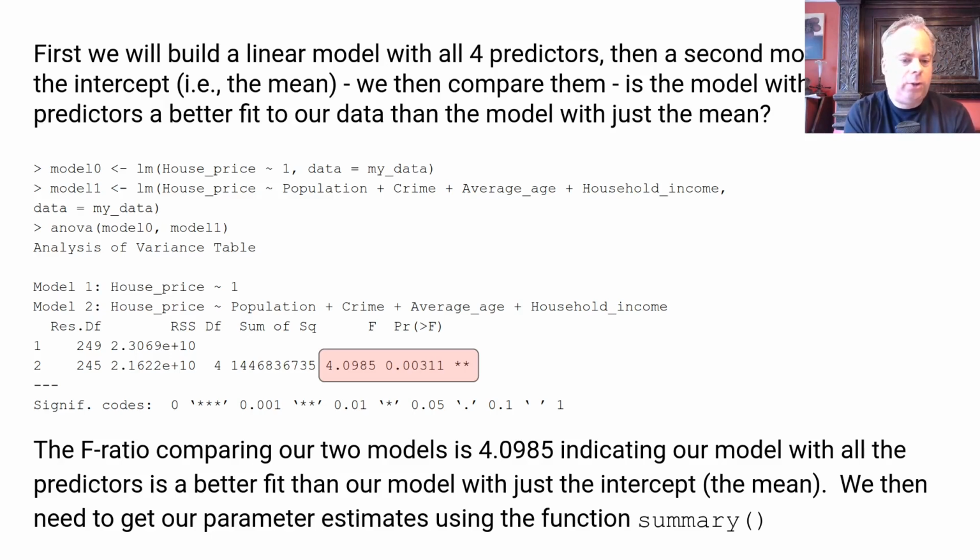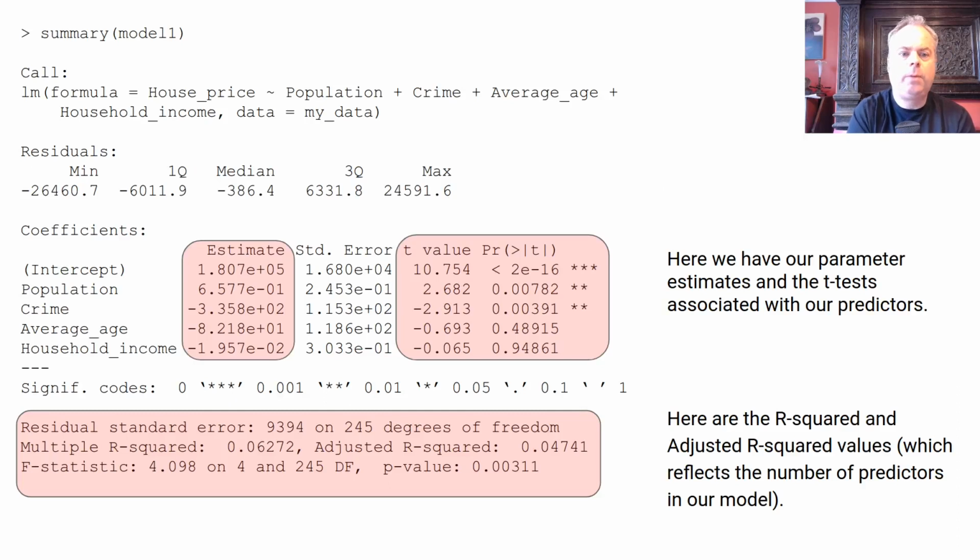We then need to extract the parameter estimates using the summary function. So we say summary and then model 1, and we get the estimates that we need in order to build our regression equation. If you remember back to the first workshop on regression, the intercept here corresponds to the regression line when all other values are set to 0.